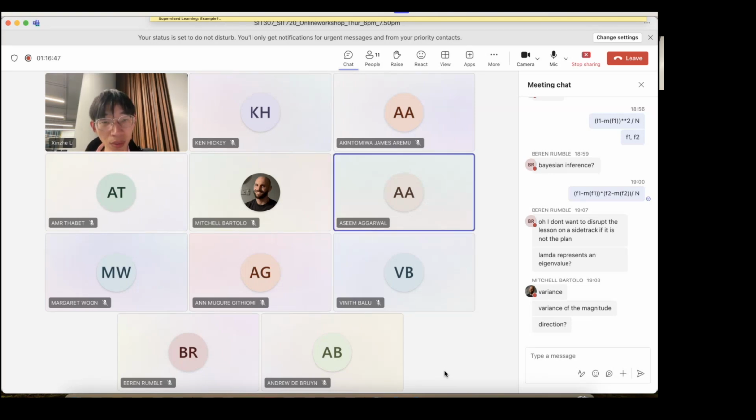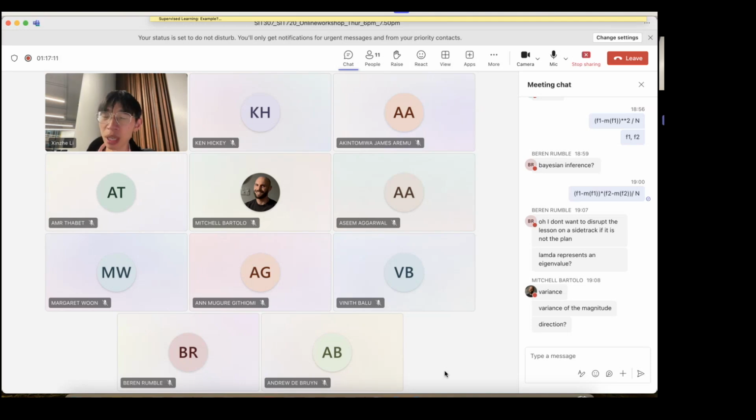Yeah, using a determinant value. Like if we figure out the determinant of the covariance matrix A, that could somehow relate to the lambda. Yeah, I know determinant.